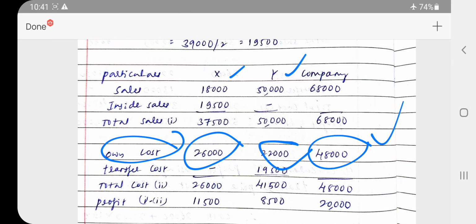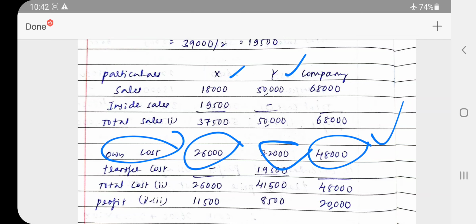So transfer cost as you have calculated already, 19,500, X can transfer inside sales, it means 19,500. Transfer cost incurred by Y is worth rupees 19,500. So if you make it total, you will get 26,000 total cost for X division, 41,500 for Y division, and total for the company 48,000.